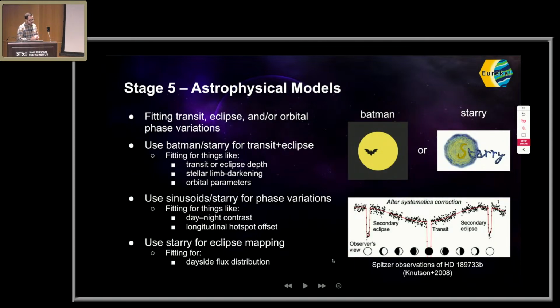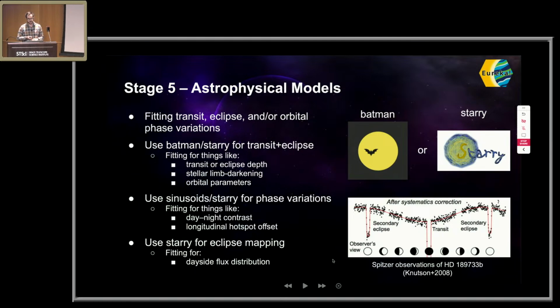Looking at astrophysical models, you can fit transit, eclipse, and/or orbital phase modulations with Eureka. To model transits and eclipses, we allow you to use the Batman or the Starry packages to measure things like transit or eclipse depth, stellar limb darkening, orbital parameters.